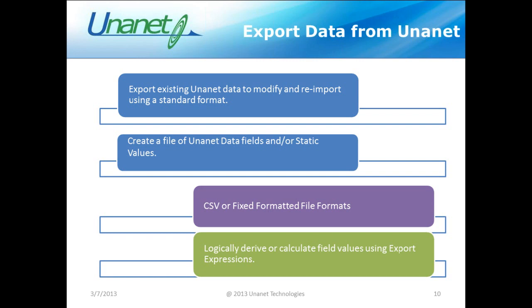So you don't necessarily have to send straight Unanet fields to other system fields. You can derive or calculate what those fields would be. So let's talk about this first option, which is exporting Unanet data out of Unanet and importing it into Unanet again to make some kind of update.